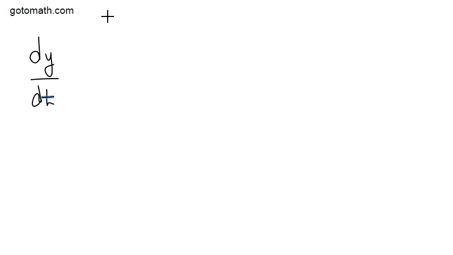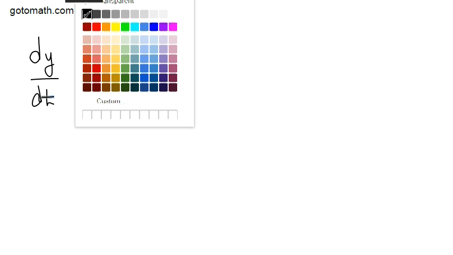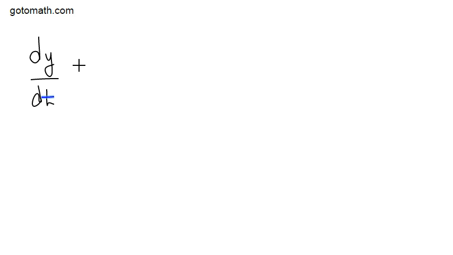That's what we want to find. And I think I'm going to change the color there to blue. How's that? Okay. We're given x is equal to 3. And having a little bit of problems here.